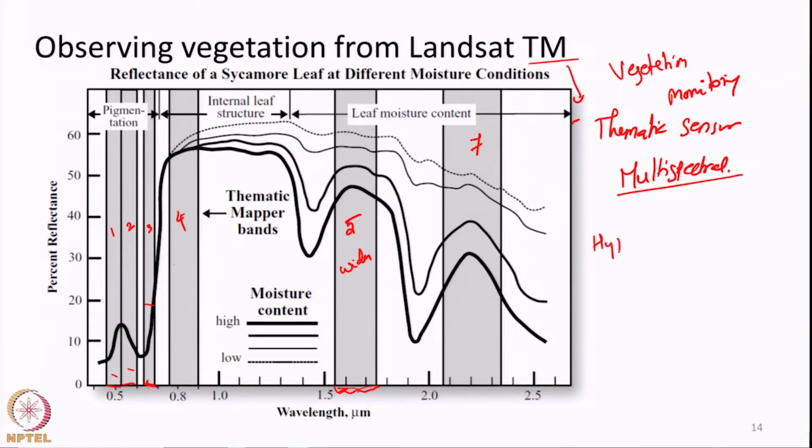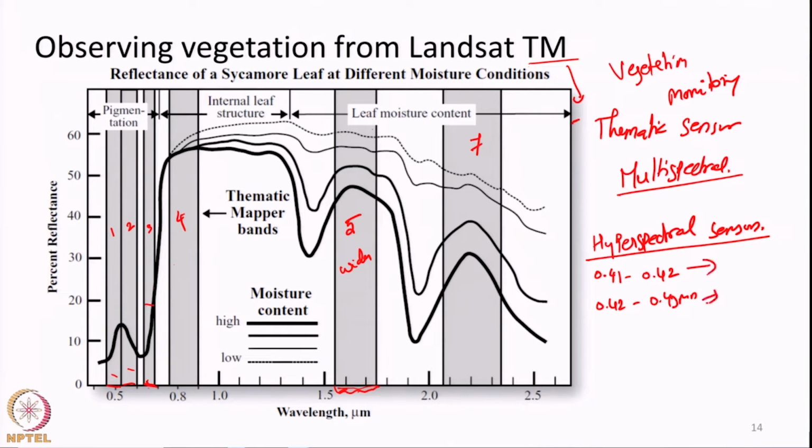On the other hand, hyperspectral systems or hyperspectral sensors will observe a lot of small, continuous bandwidths, say 0.412 to 0.42 micrometers, 0.42 to 0.43 micrometers, like this.